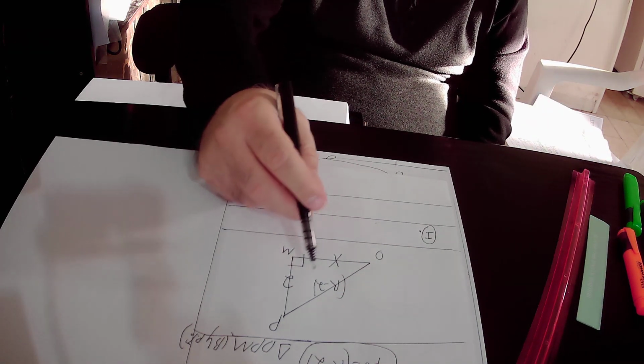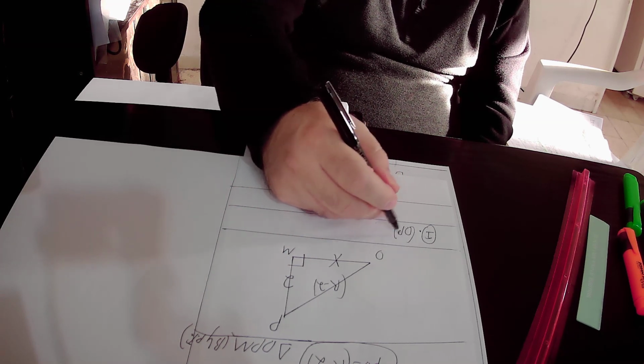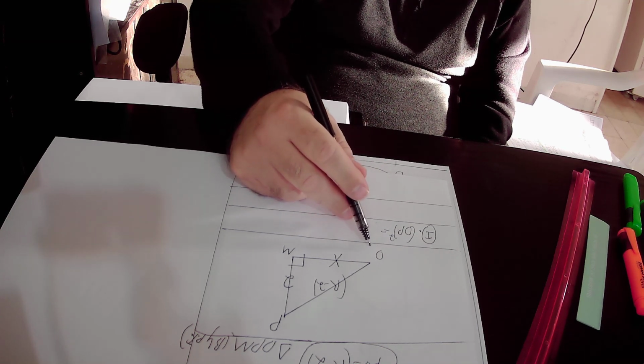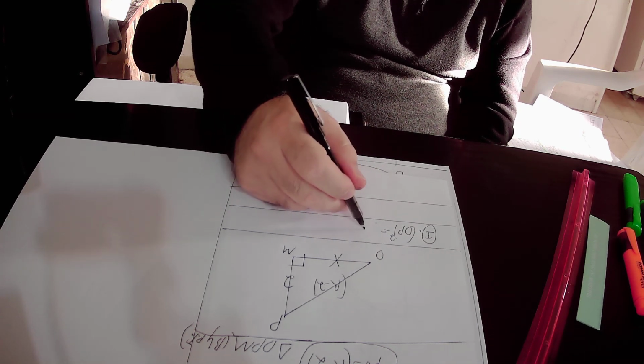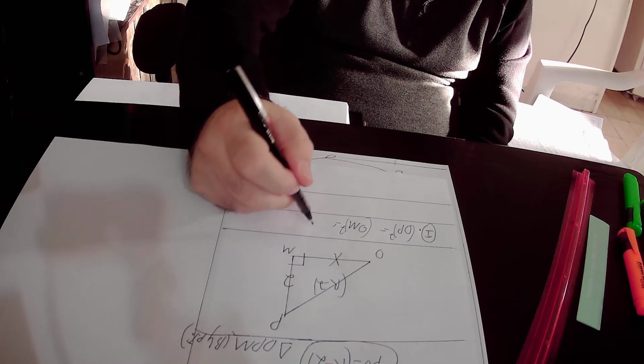The hypotenuse is OP, therefore the square of the hypotenuse is OP squared, and it must be equal to the sum of the squares of the perpendiculars. That is to say, it must be equal to OM squared plus PM squared.